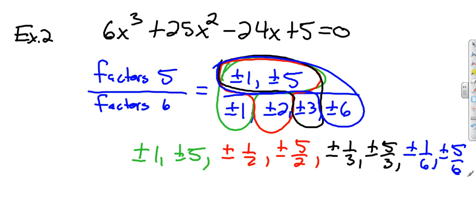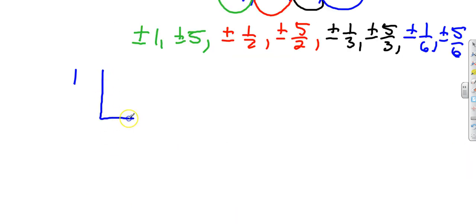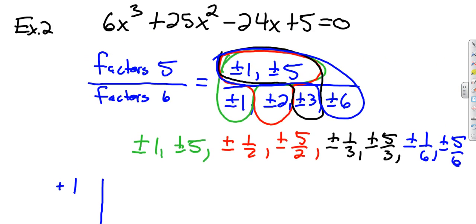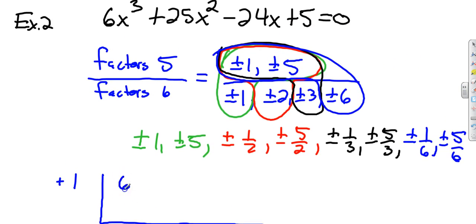Okay, so which one? Plus or minus 1? Plus 1. All right, let's give plus 1 a try. See what happens. Worked last time, right? We've got 6, 25, negative 24, and plus 5.